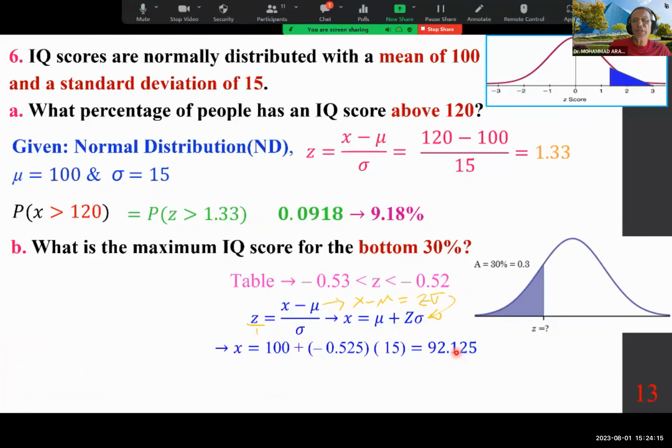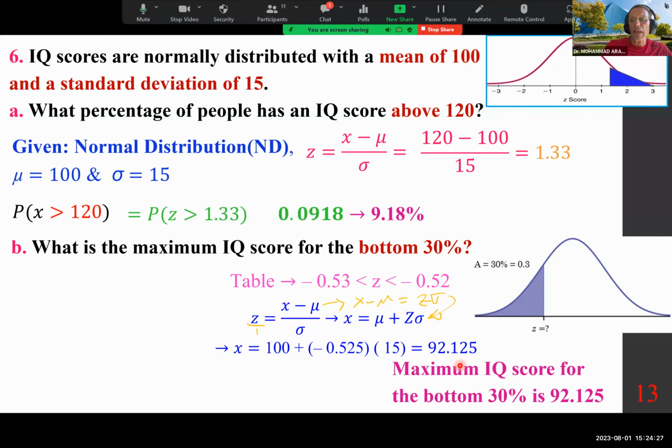Obviously, because it's less than 0.5, this number should correspond to a score less than mu, and it does. Now, if we were to use the technology, the maximum IQ score for the bottom 30% is this number, 92.125. And if they ask you to do the rounding, you do it accordingly.